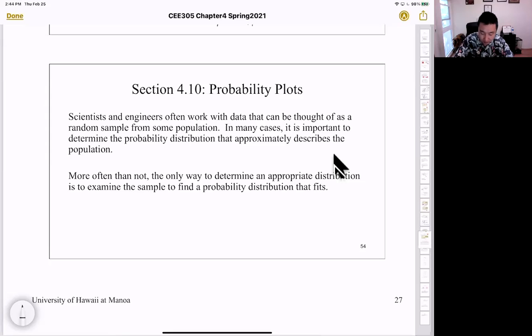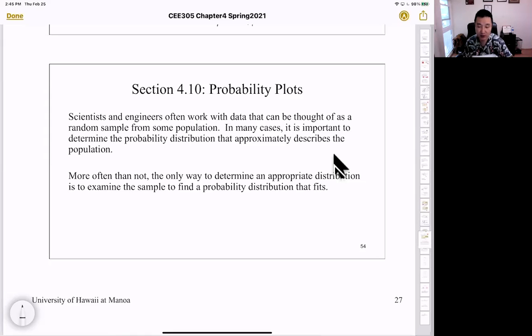So how can we determine what type of distribution the experiment follows? That's what section 4.10, probability plots, tells us. More often than not, the only way to determine the appropriate distribution is to examine the sample to find a probability distribution that fits.